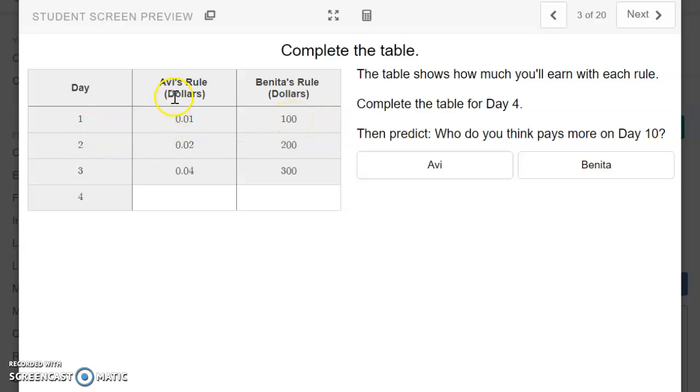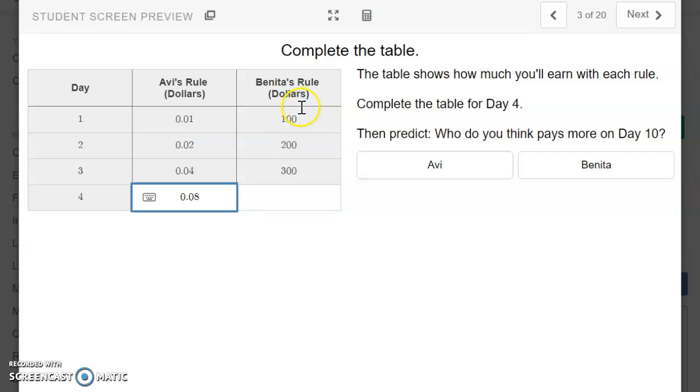On day 2, it seems like Avi is paying you 2 cents, and on the third day she's paying you 4 cents. So what do you think her rule is? It looks like it's doubling every single time. So what do you think will be the 4th day? If I double $0.04, then it's going to be 0.08.